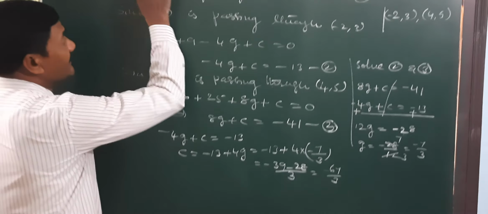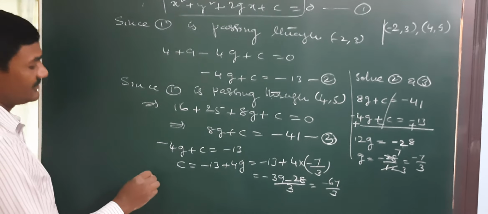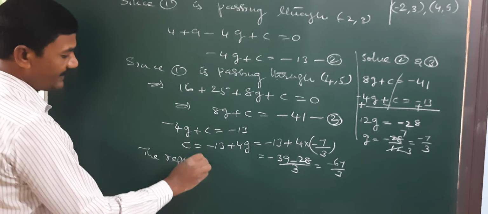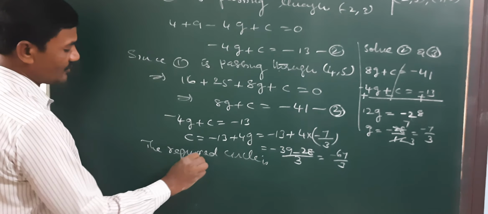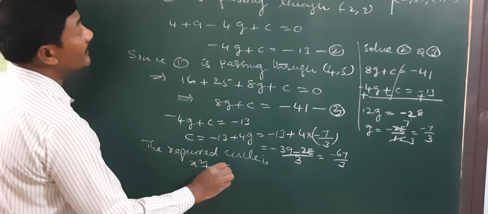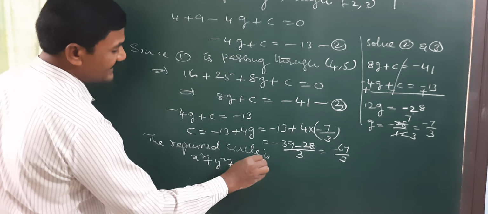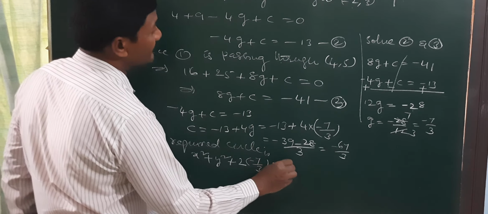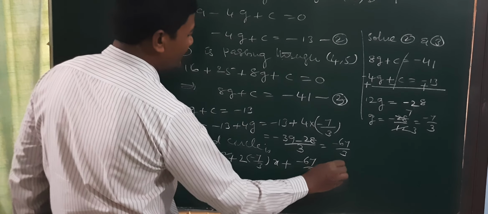So the ultimate equation of the required circle, putting in the values, is x square plus y square plus 2 into g, which is minus 7 by 3, into x plus c, meaning minus 67 by 3, is equal to 0.